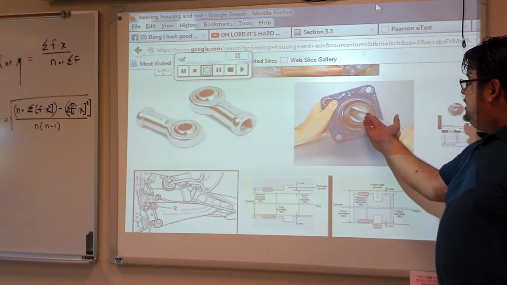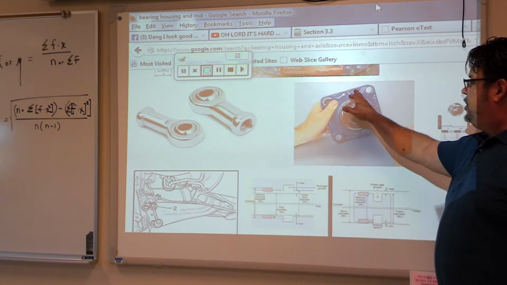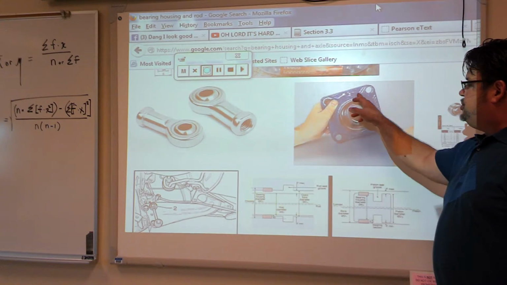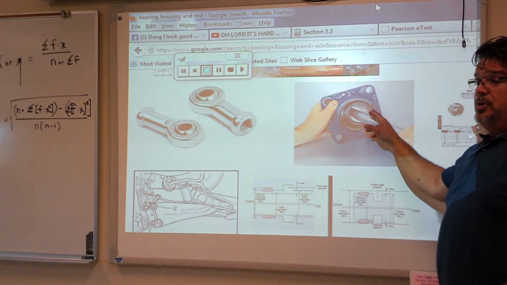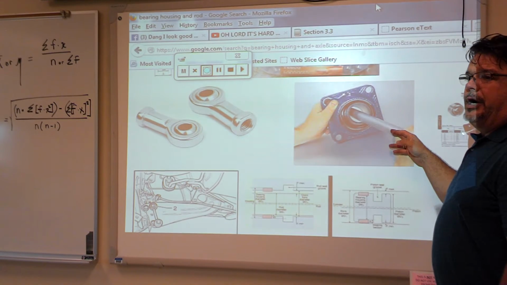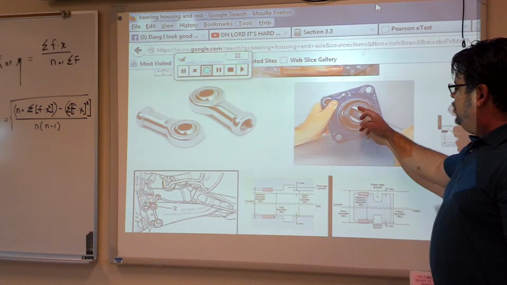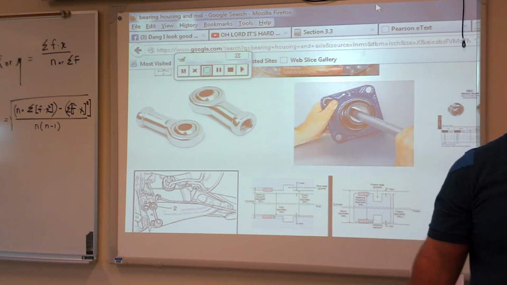Now, of course, that's not the axle that fits. What he's doing is he's pulling the bearing out of the bearing housing. This goes on like a piece of machinery, like a piece of farm equipment or whatever. There's the bearing, there's the housing. Here's a rod. Think of it as an axle. Why will this rod not work in that bearing? It's too small.